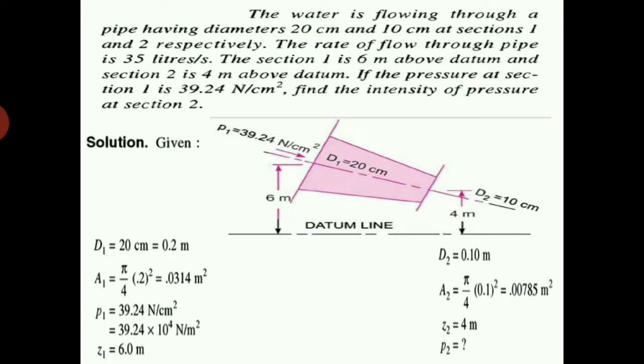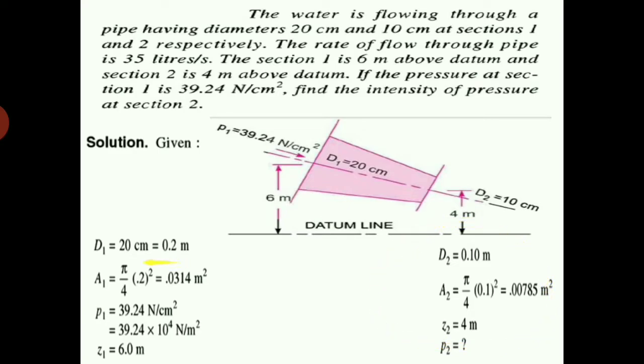Also, the next data is given to us. The pressure intensity at section 1 is 39.24 Newton per centimeter square. We'll write down all these data, segregating them with respect to section 1 and section 2. Whatever is the data for section 1, we'll write over here, and whatever is the data for section 2, we'll write over here.